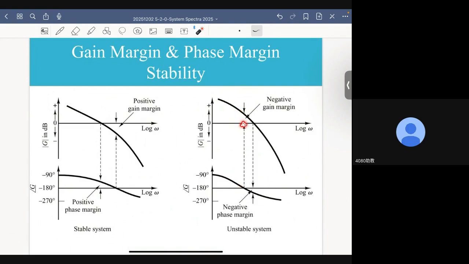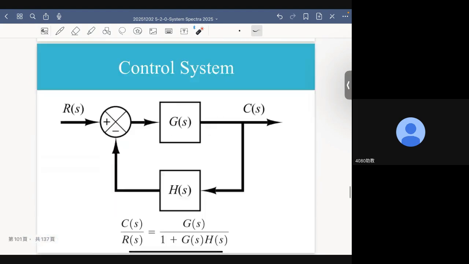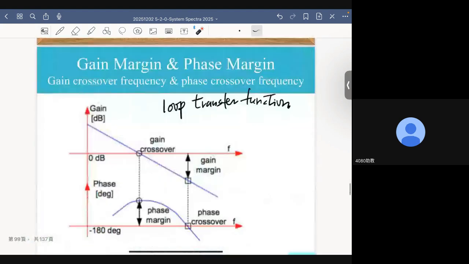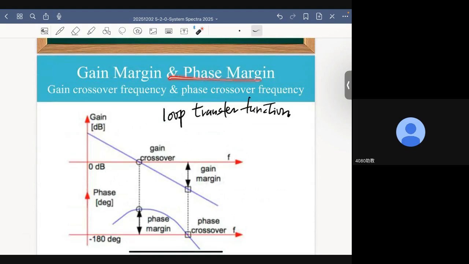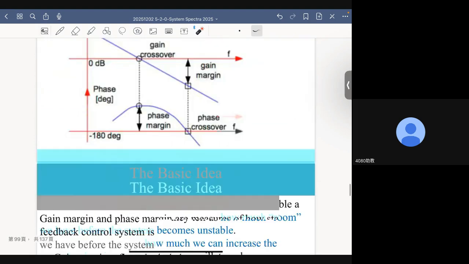It is larger than zero. In order for the system to be asymptotically stable, this value has to be negative, not positive. Similarly, when we inspect the phase plot, we also see a negative phase margin, which means the system is unstable. So finding out whether gain margin and phase margin are positive or negative gives us another way to determine the stability of the system.